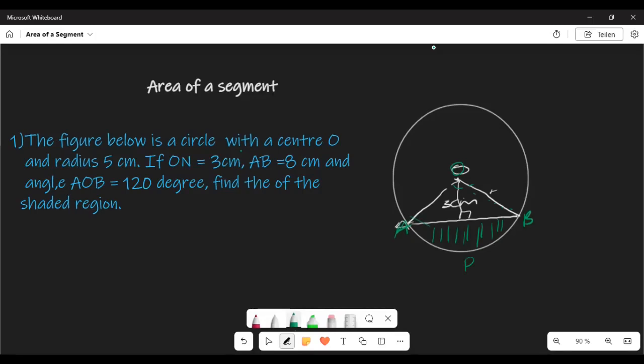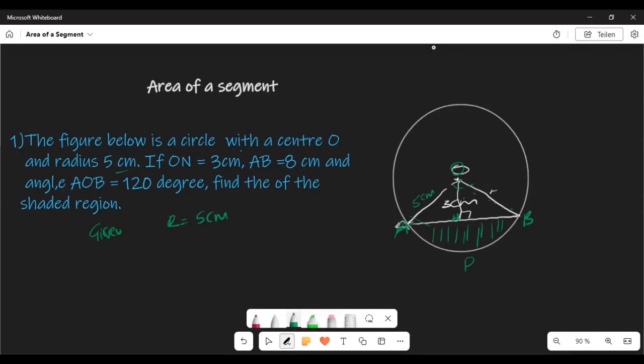Let's look at what is given for us to get the area of the segment. The radius is given, so the radius is 5 centimeters. Then we have ON, which here is 3 centimeters.